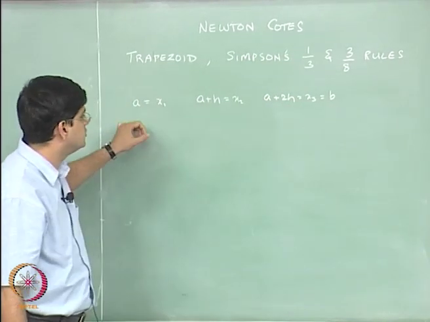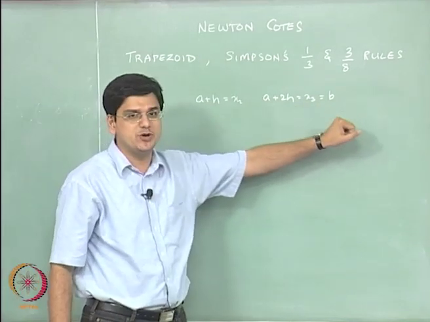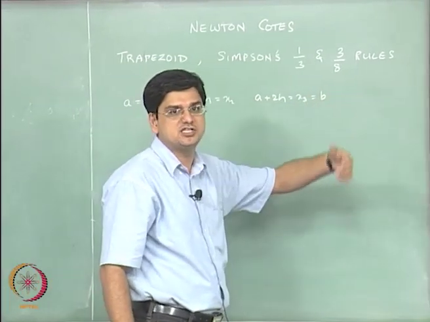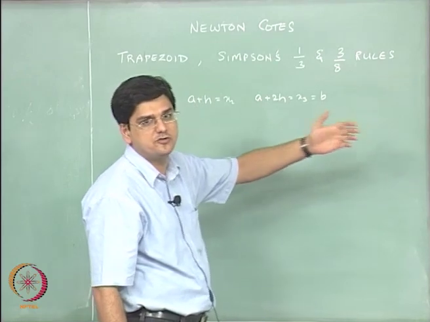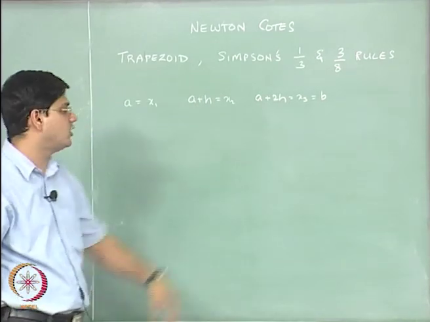Now if we were to not stop at a plus 2h but go ahead to a plus 3h, a plus 4h and so on, we will get a higher order polynomial.